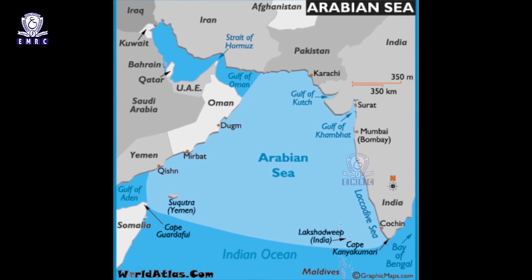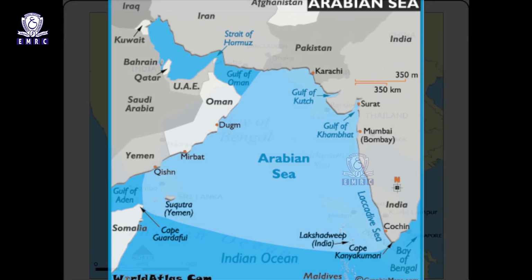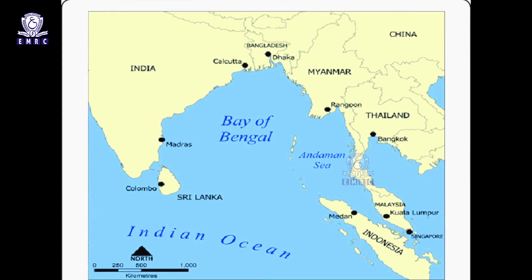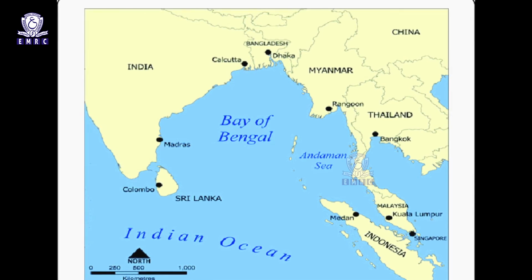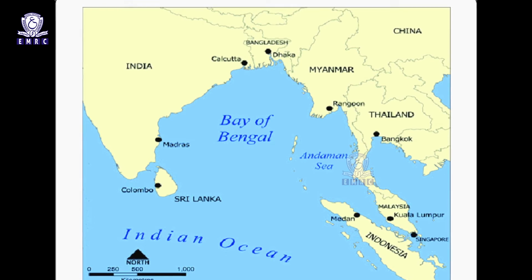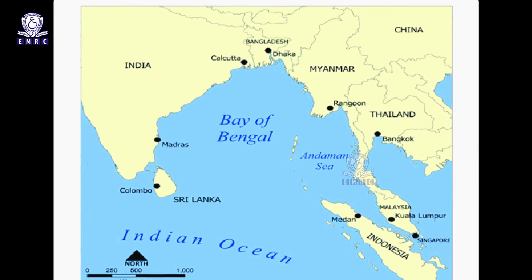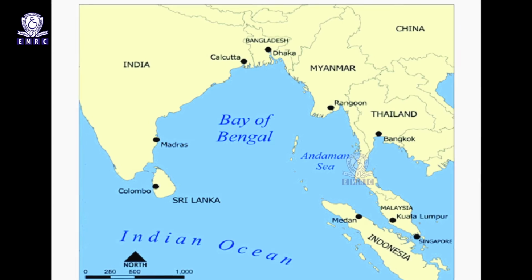On the other hand, the Arabian Sea records higher salinity, that is 36 parts per thousand, than the Bay of Bengal, because there is a higher rate of evaporation due to relatively less humid conditions and low influx of fresh water as compared to the Bay of Bengal.